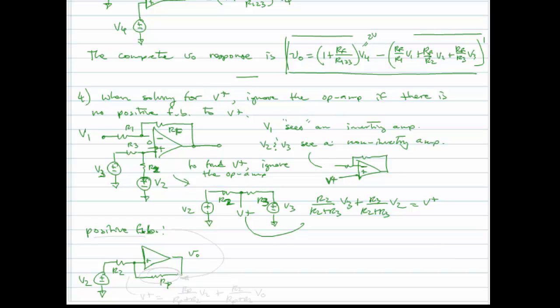Now, V plus is equal to the superposition of two voltages, but one of them is V out. So I'm not ignoring the op amp per se. I mean, in a way I am, but I'm including the fact that the output voltage of the op amp is going to affect V plus. So we would have RP over RP plus R2 times V2 plus R2 over RP plus R2 times VO.